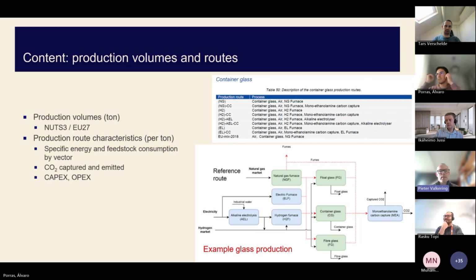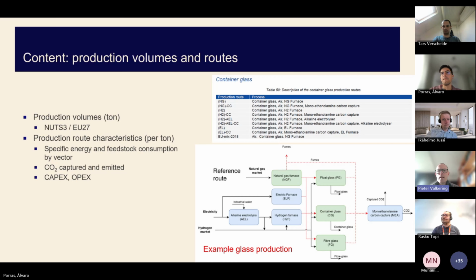So that's one aspect. And then the other one is to have the data on the different ways to produce those commodities. So there is standard included a reference route, which typically is based on fossil fuels with significant CO2 emissions. And in the database, in the technology component, you can find different alternatives based, for example, on clean molecules, based on carbon capture and storage, or based on electrification, or any other possible alternative to produce the same thing, but with less or no carbon emissions.